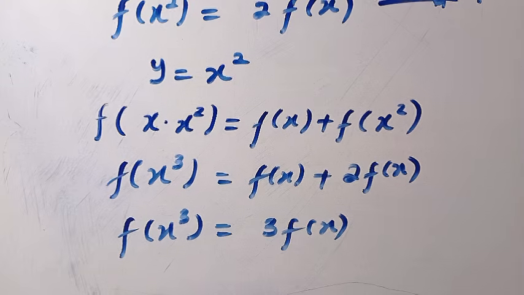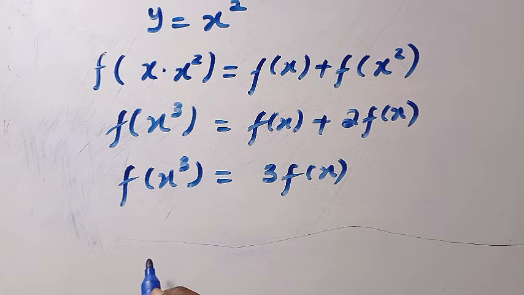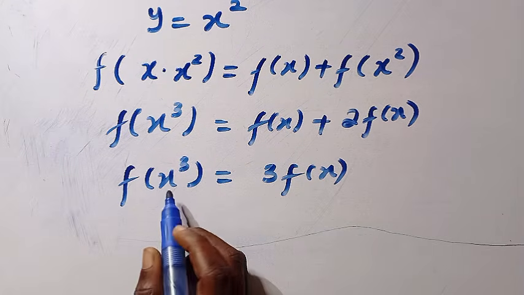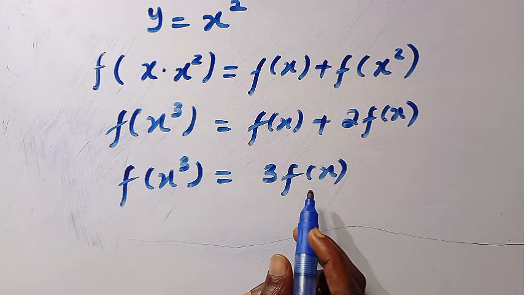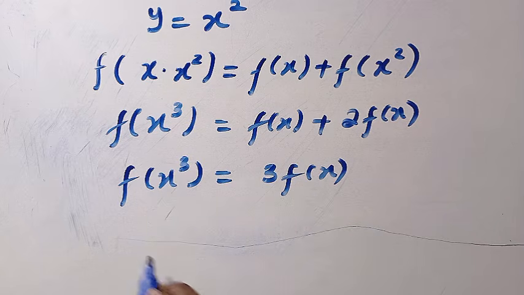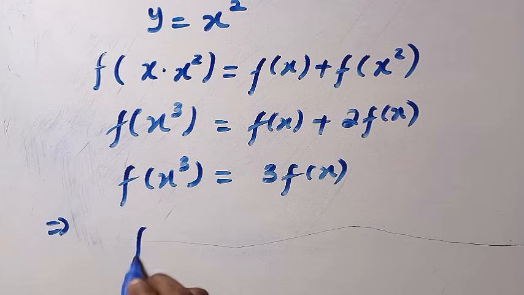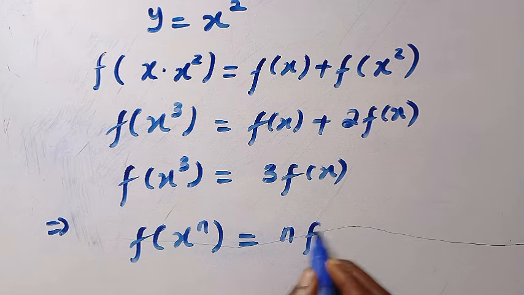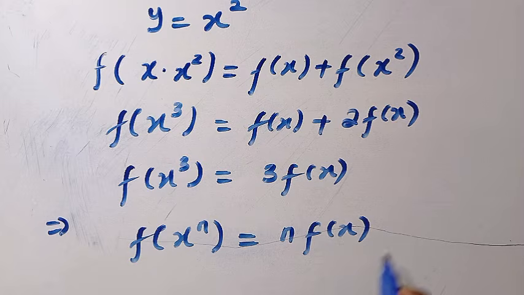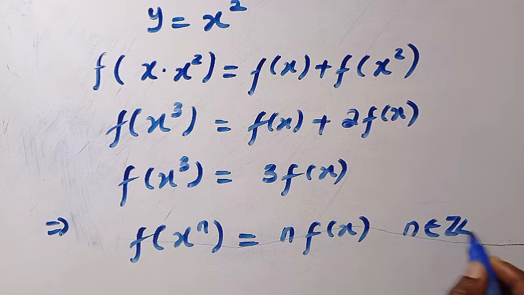By induction, the next one will be f of x to the power 4 equals 4 f of x. We can generalize this as f of x to the power n equals n f of x, if n is an integer.